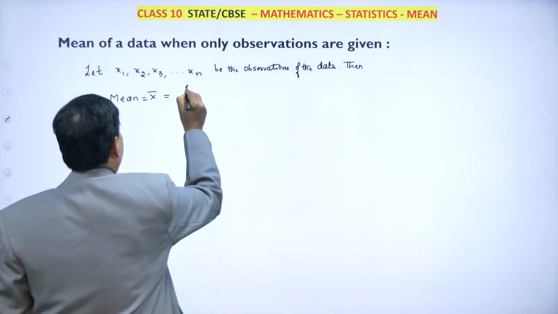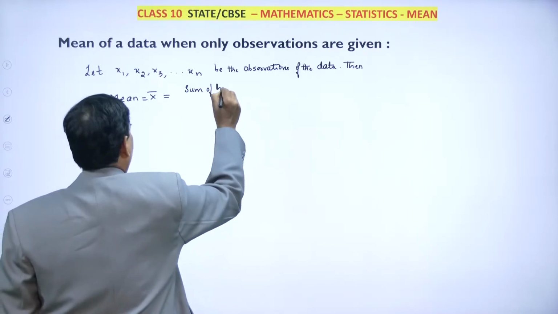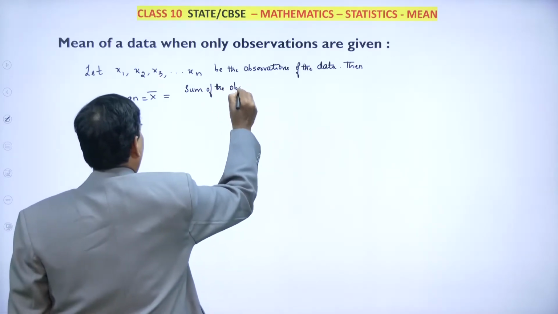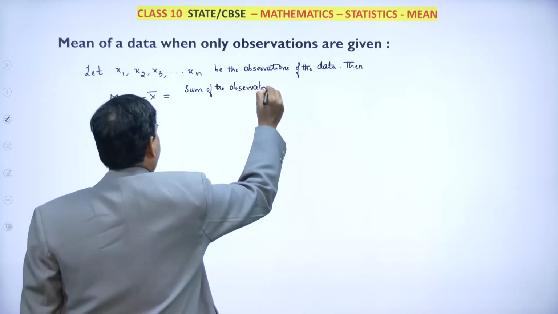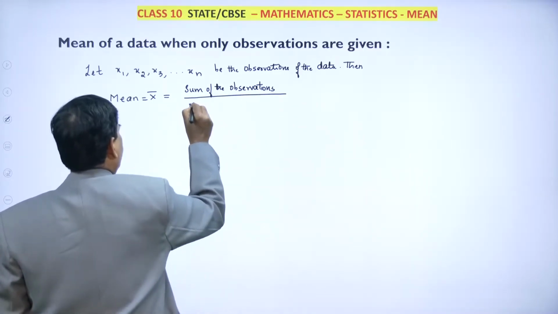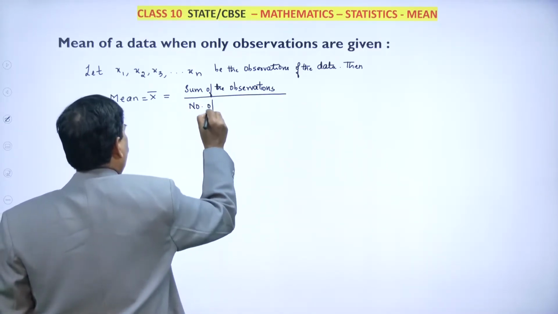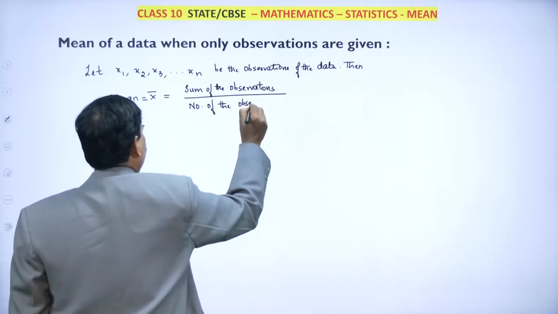Mean x bar is equal to sum of the observations by number of the observations.